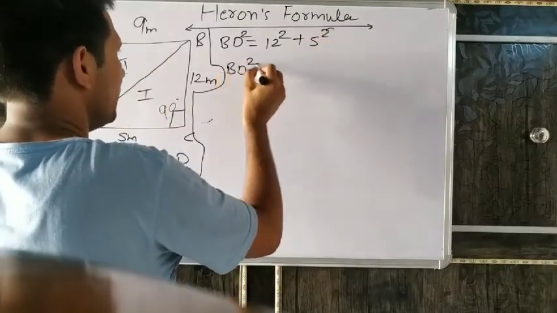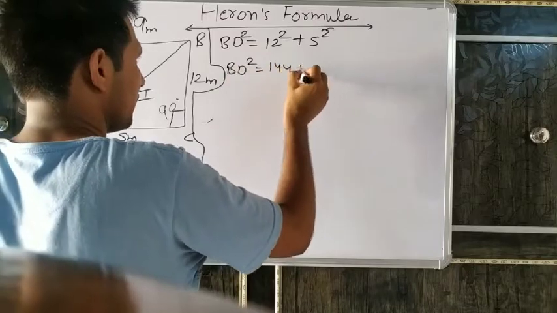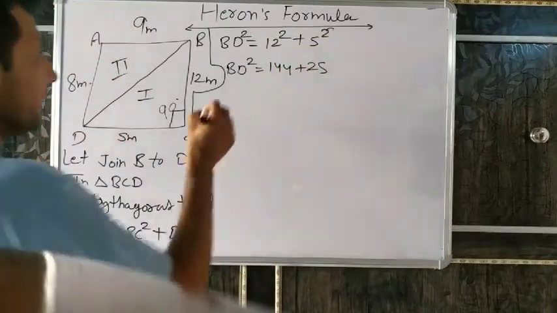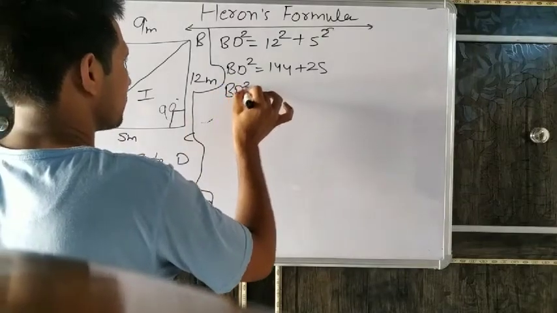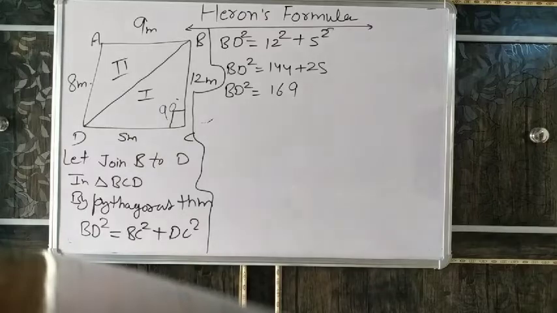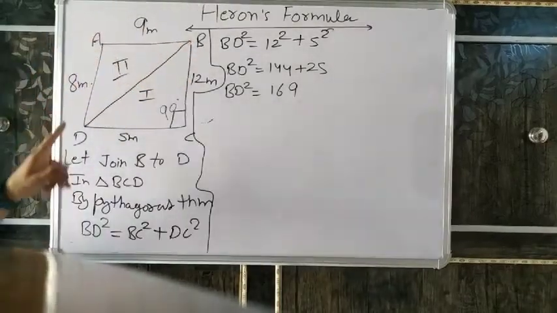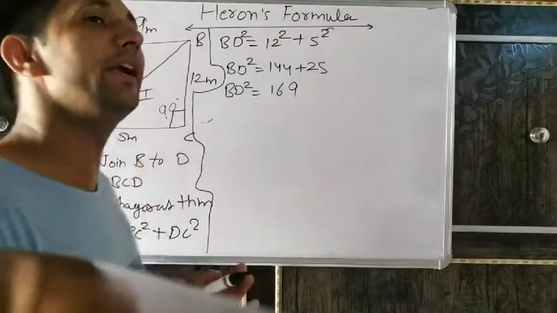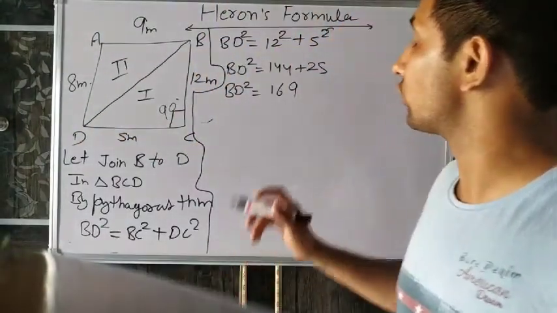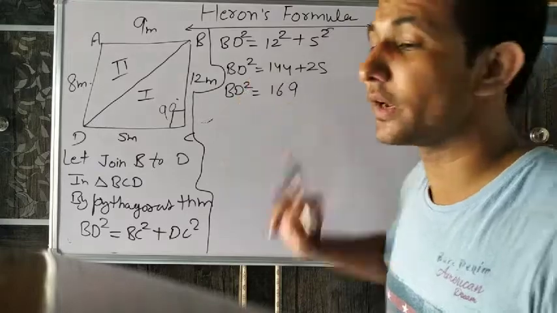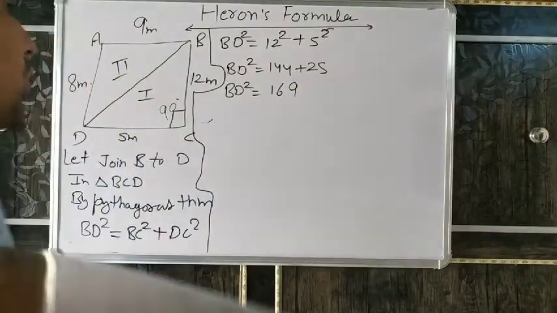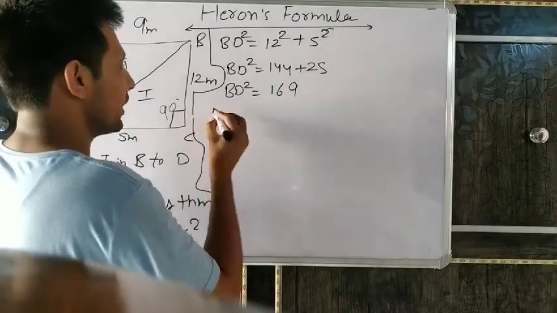BD square equals 144 plus 25, which is 169. But we want to find BD, not BD square. So we have to remove this square. How can we remove the square? By taking the square root on both sides.